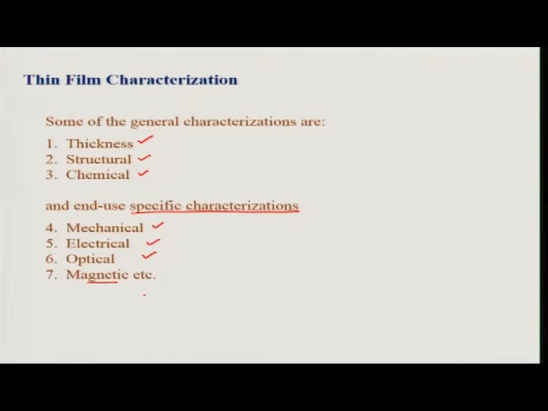In this lecture, we will not discuss these, because these are very specific to the type of film and the end use application, and it can be tailored.